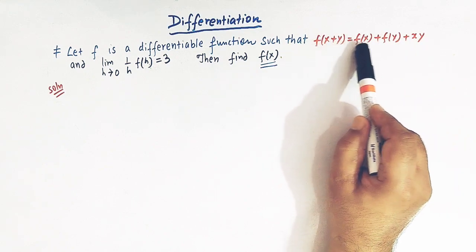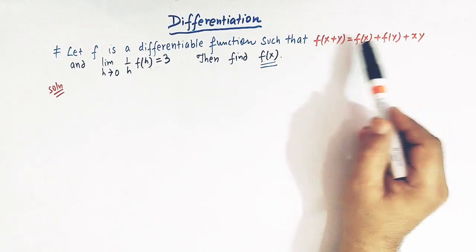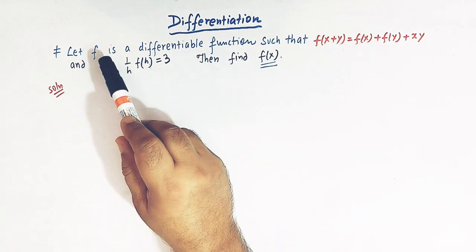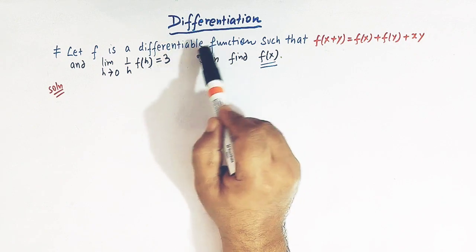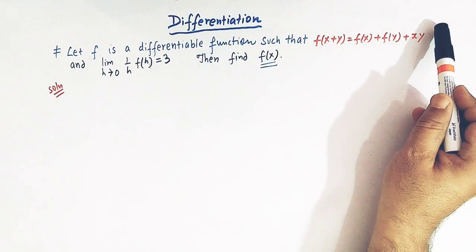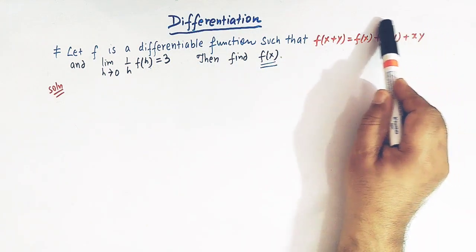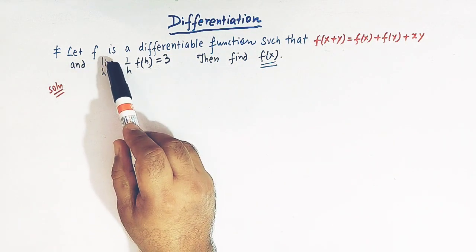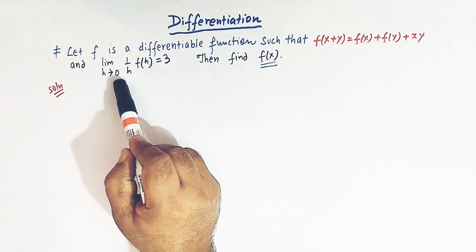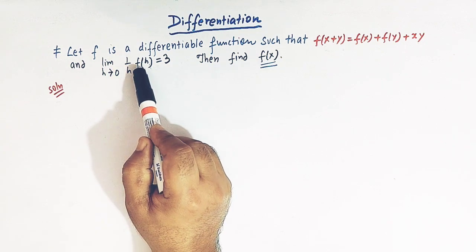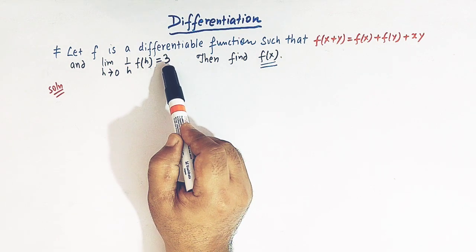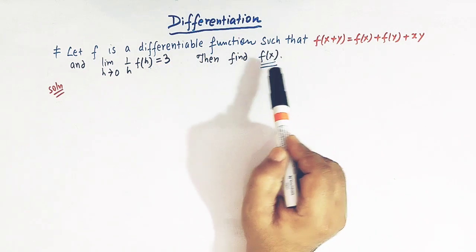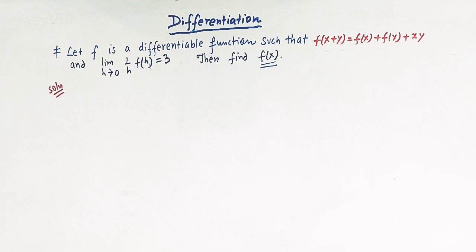So this is a functional equation connecting x and y. f is a differentiable function which obeys this property. Moreover, we are given that the limit as h tends to 0 of 1 over h times f of h is equal to 3. Then we have to find the form of the function f of x.